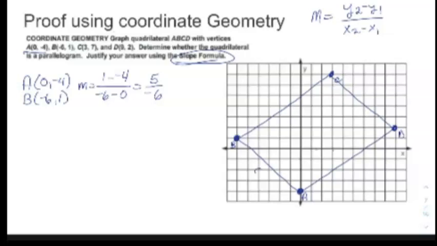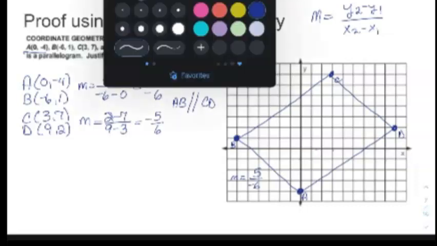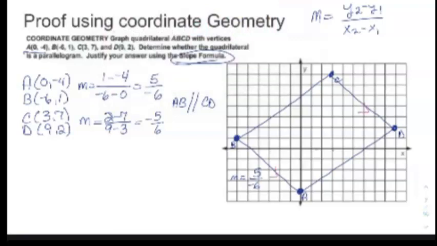We'll do the same thing for CD. C is 3, 7, and D is 9, 2. Checking our slope, 2 minus 7 over 9 minus 3, we end up with -5 over 6. As we can see, AB is parallel to CD. So far, so good for that set. These two are parallel.